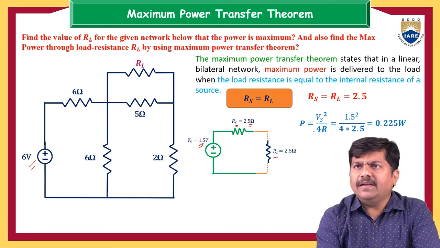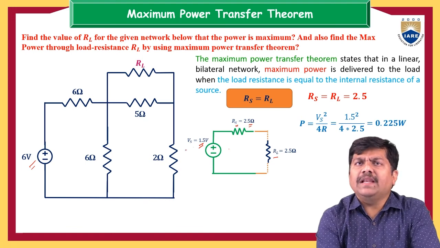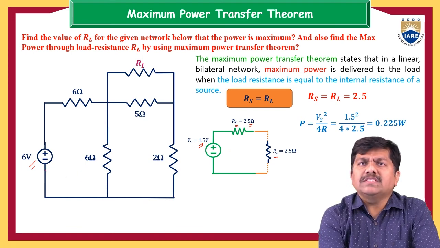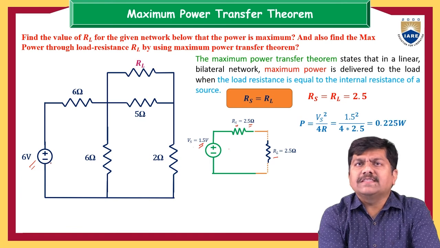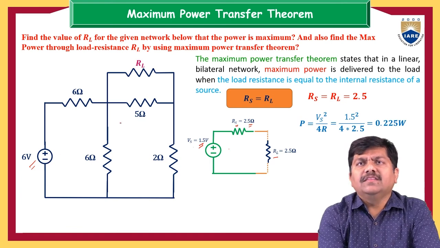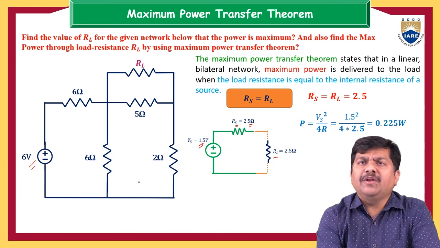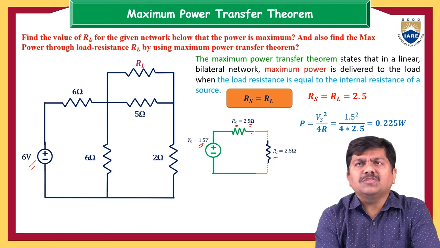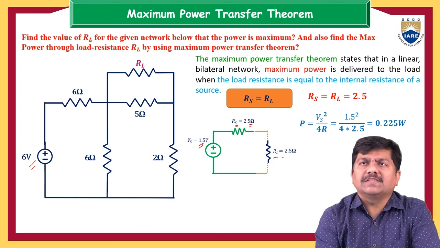Here, Vs is nothing but the open circuited voltage. My sincere appeal is, don't go directly to the 6 volts, because 6 volts was there at the initial time, but we have reduced the entire network into a simplified circuit having only one source voltage, one source resistance and one load resistance.